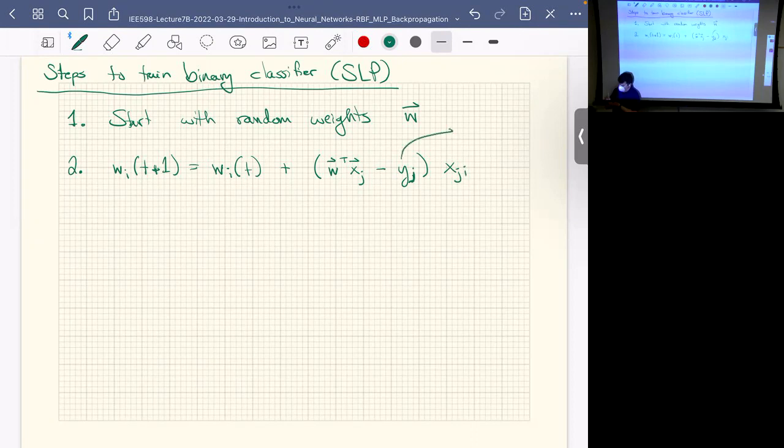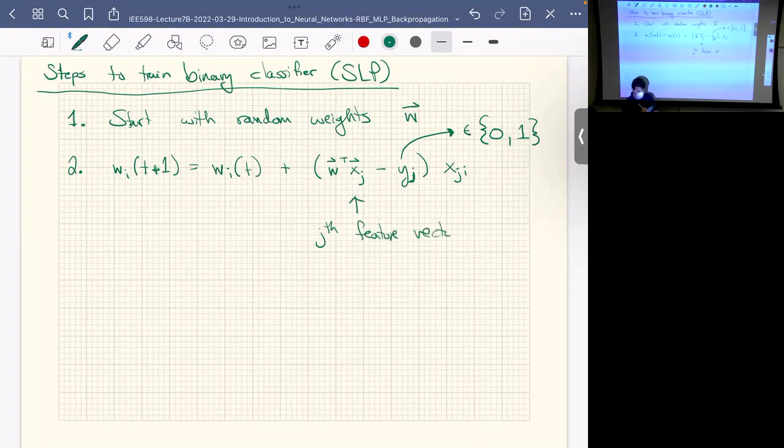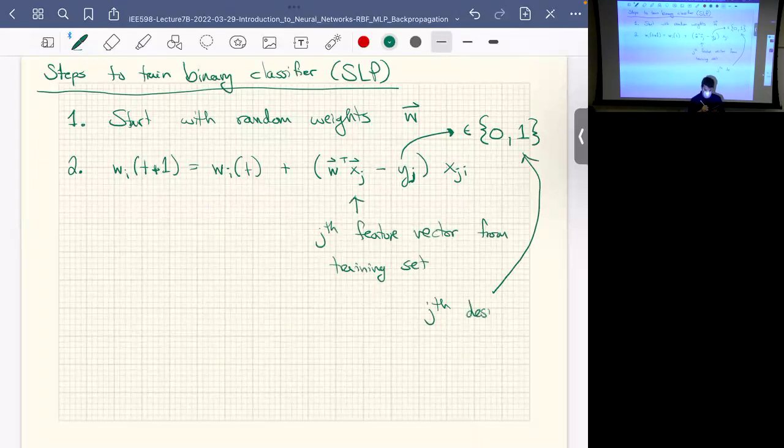And this here is either 0 or 1. And this here is the jth feature vector from the training set. And this up here is the jth desired output for input xj.